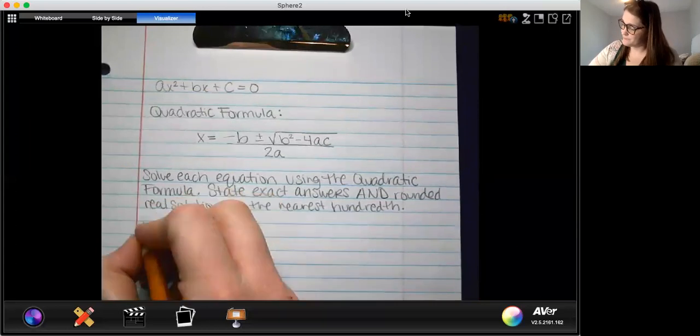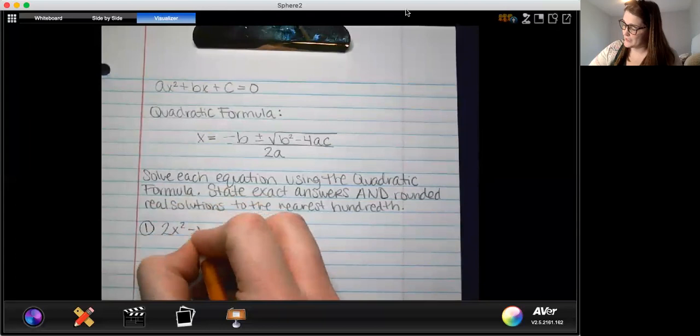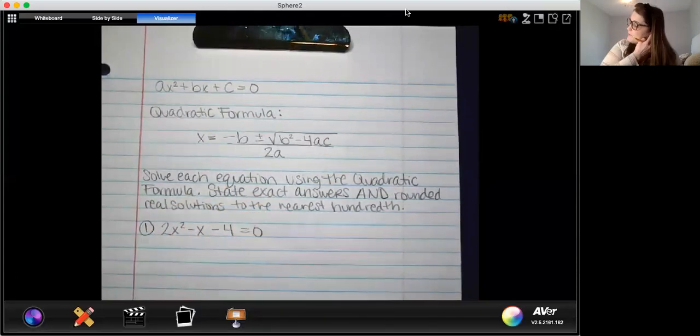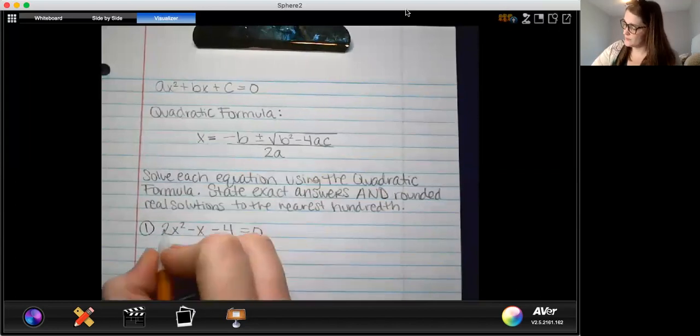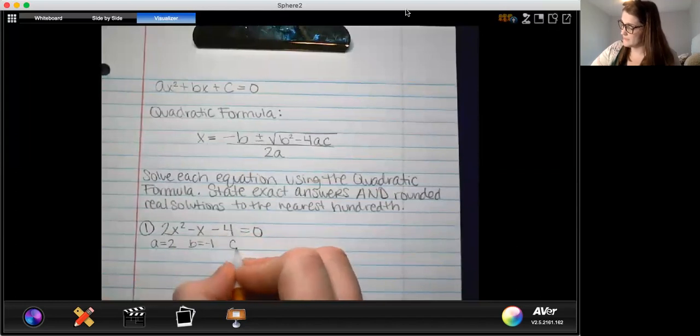So number 1, 2x squared minus x minus 4 equals 0. So much like the discriminant, you're going to take A, B, and C, and you're going to substitute them into the formula. So therefore, in this scenario, A is 2, B is -1, and C is -4.